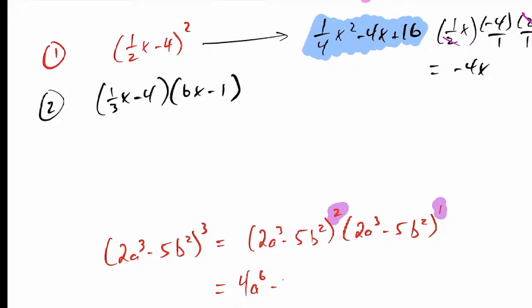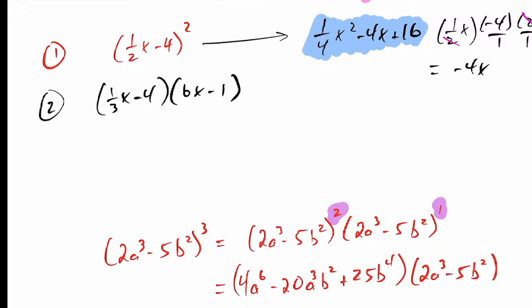And first times second times 2 is 20a cubed b squared. Plus square the last, you get 25b to the power of 4. Yeah, there's a lot to do in this one. Okay, we can work on them.